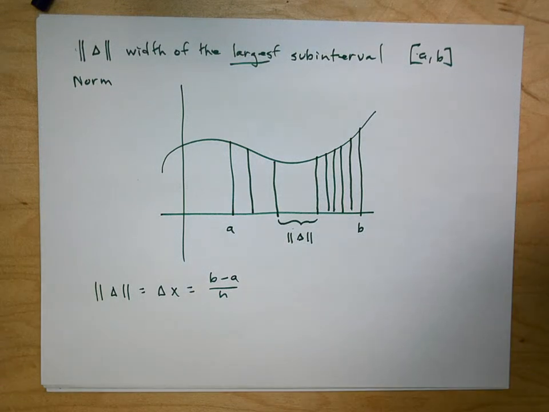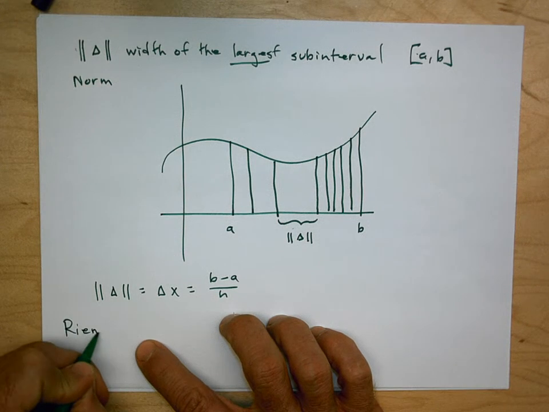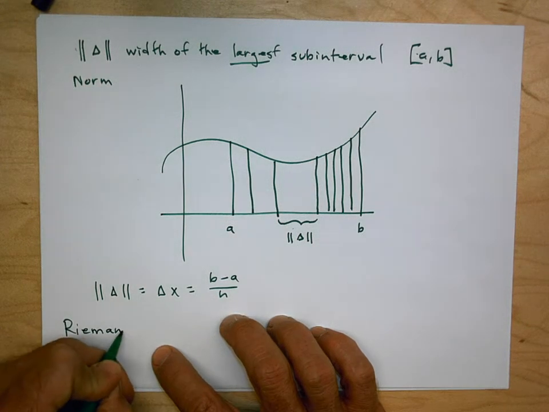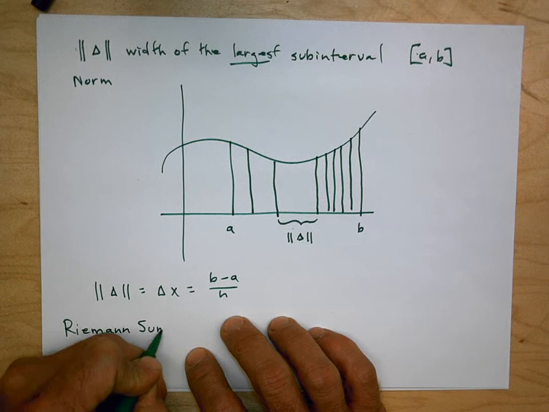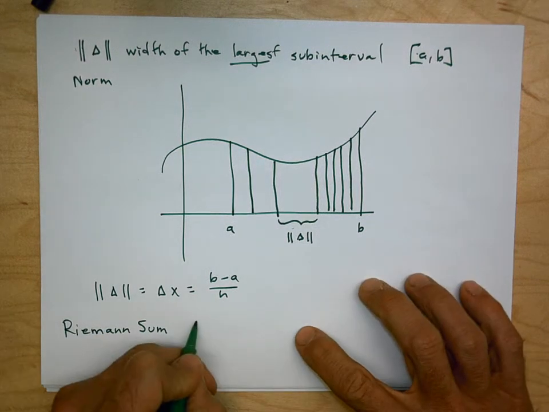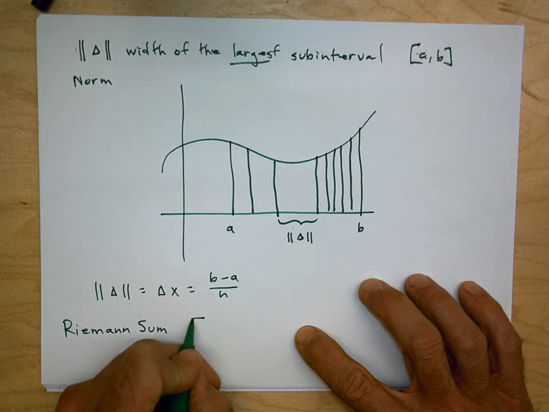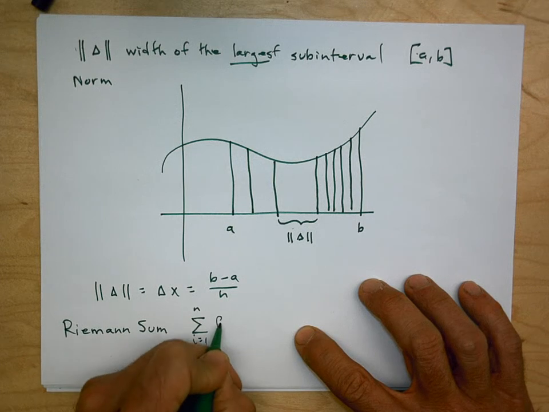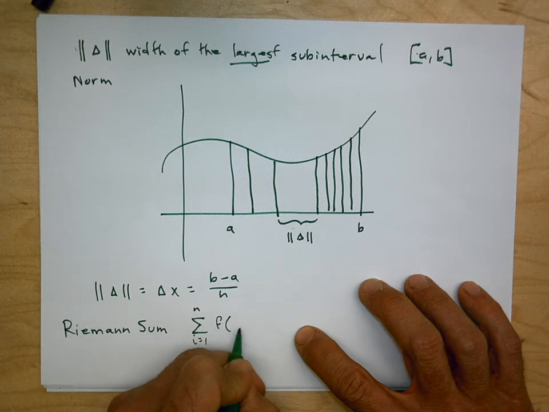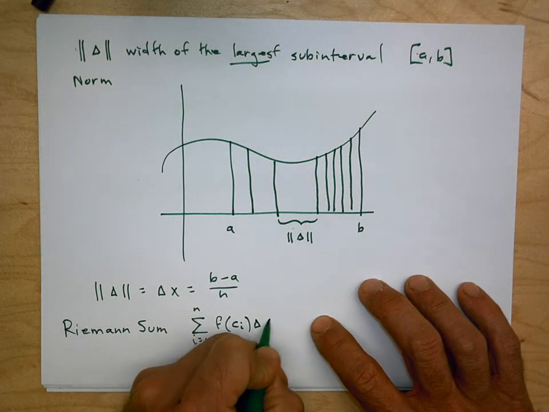So then, to define the Riemann sum, the Riemann sum is basically what we had before, but without the stipulation that the widths are equal.